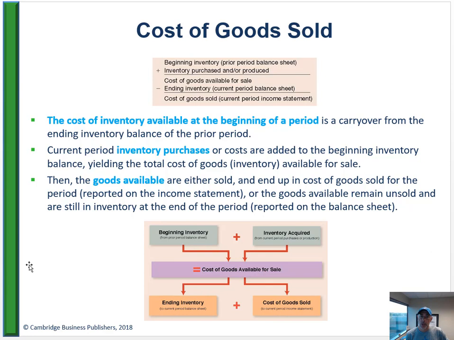From that number, we're going to subtract the actual amount of inventory that was sold during the period, which, as you can see down here in the purple, is the cost of goods sold. Once we have subtracted that out, we get to ending inventory. You can see that the cost of goods available for sale is comprised of ending inventory and cost of goods sold.